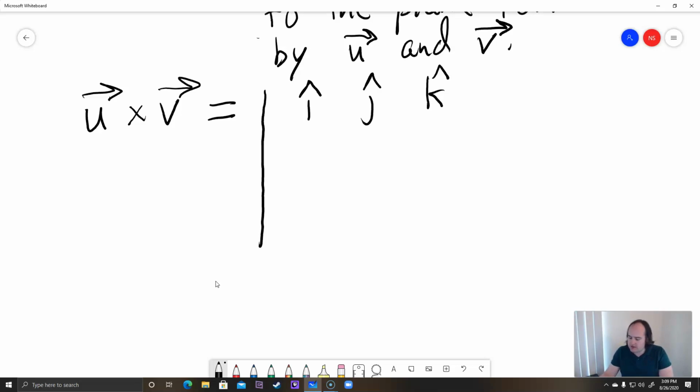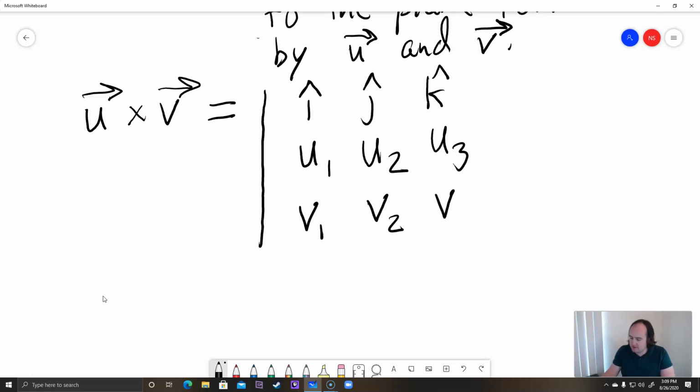So if vector u is given by u1, u2, u3, then the second row of our matrix is going to be u1, u2, u3. And then same thing with v. If v is given by v1, v2, v3, our third row is going to be v1, v2, v3.